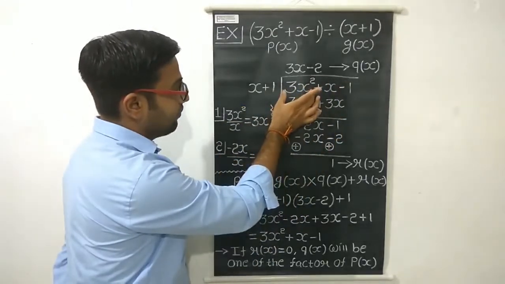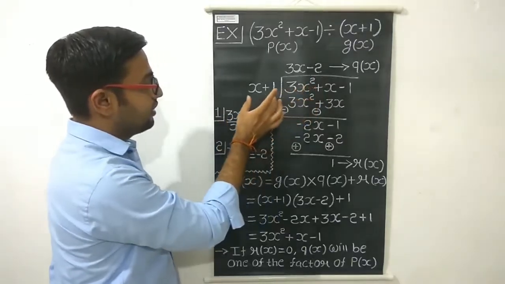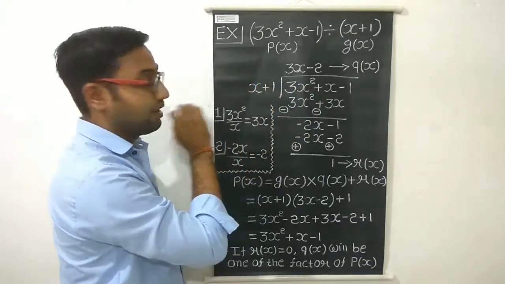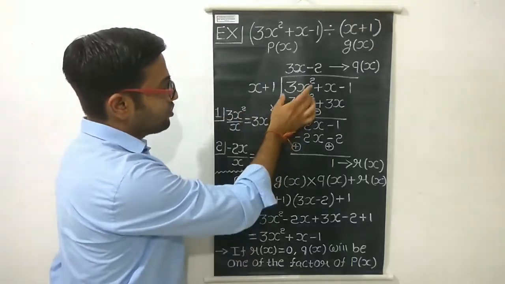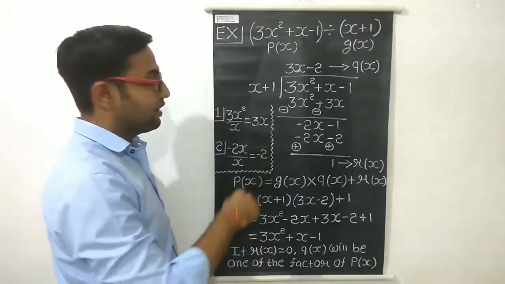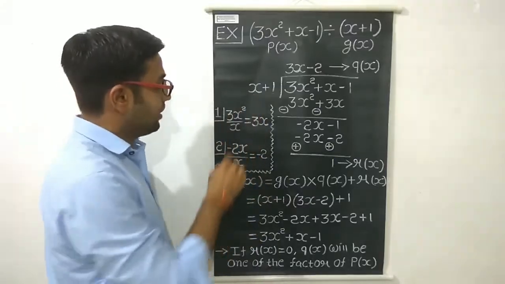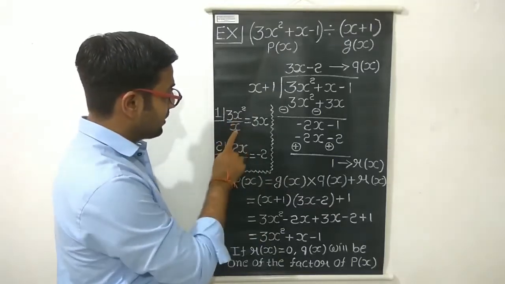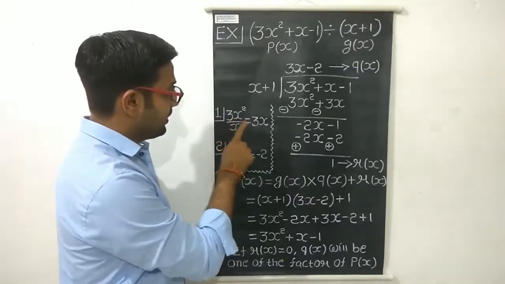Take this first term of the dividend of higher power and divide it by the first term, or the higher power term, of the divisor, which is x. So we get 3x square upon x. The division of 3x square upon x is 3x; one x is cancelled out, only 3x will remain.